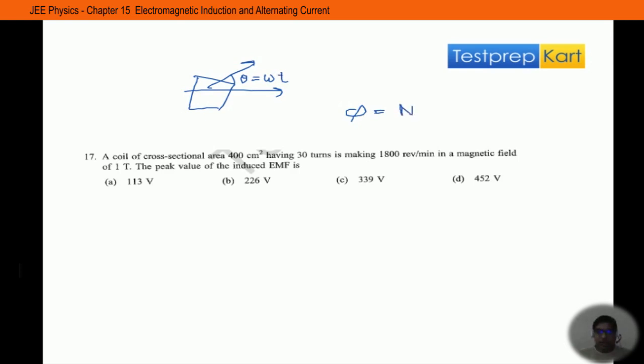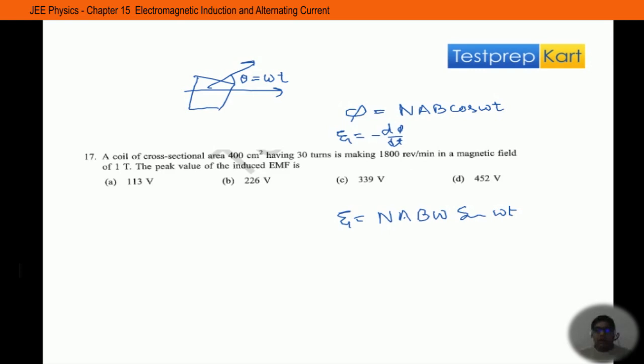So it is NAB into cos omega t. Okay. Now we will apply the concept of induced EMF, that is E equals minus d phi over dt according to Faraday's law. Then we'll get expression for EMF is equal to NAB into omega into sine omega t.